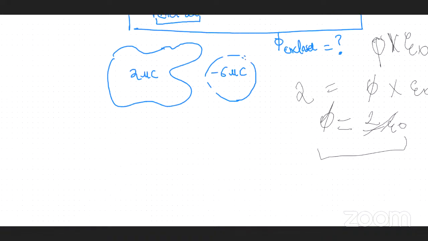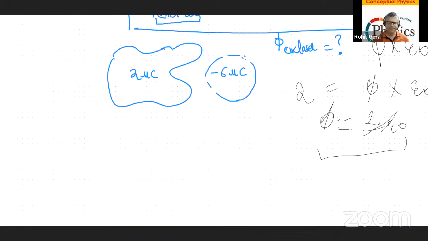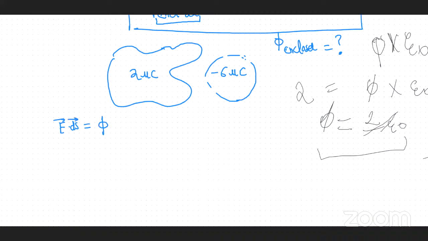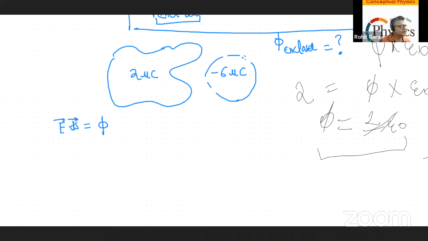Okay. Now, let me just connect all the dots. We started with the knowledge of E dot ds cos theta equal to d phi. Then we put in an integration sign because we are not dealing with ds but with a larger area.